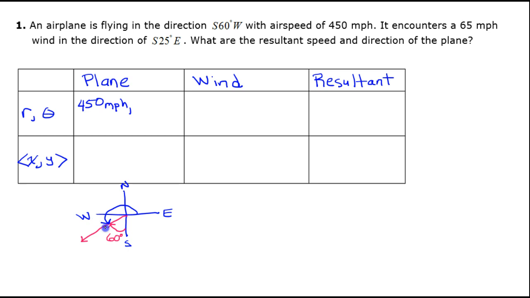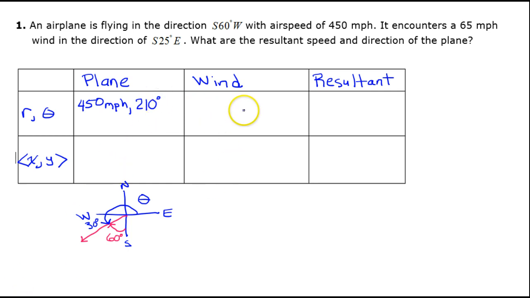These are complementary, of course. They add up to 90. So if this is 60, then the reference angle right here must be 30. That means the direction, which we call theta, measured from the positive x-axis, should be 180 plus 30, so that's 210 degrees. And that's what goes on the chart.